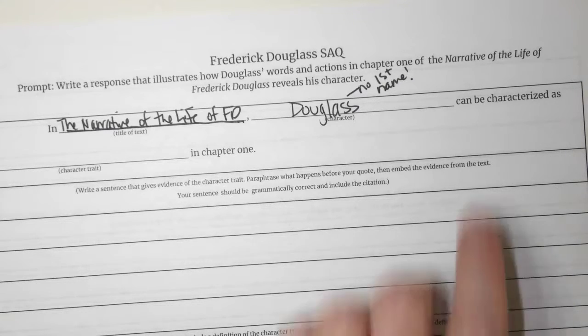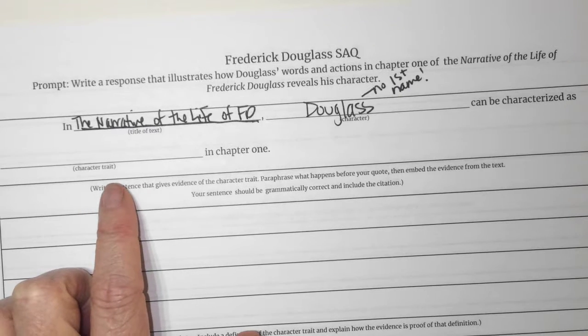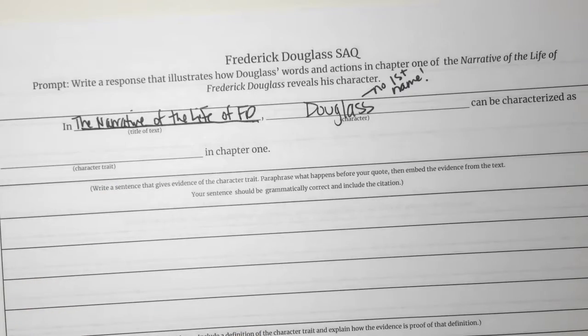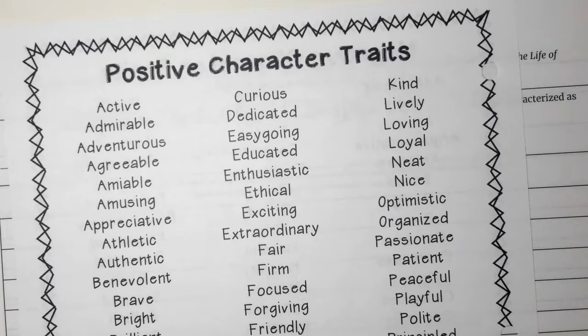Okay? Douglass can be characterized as what? Can be characterized as blank. All right, so here's what I need you to do. With a partner, go into your positive character traits, and I need you to circle two character traits, and then find the definitions for those.